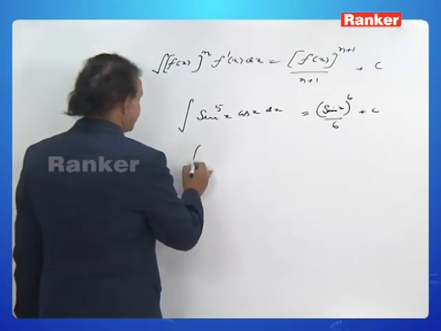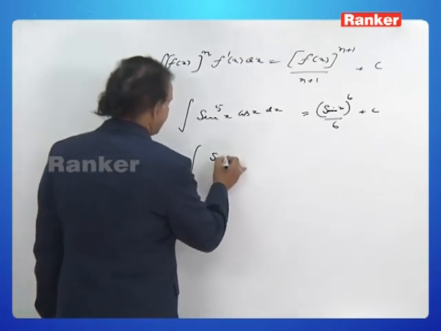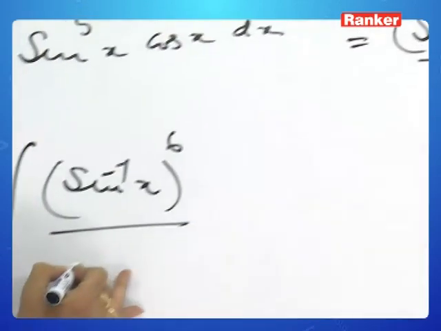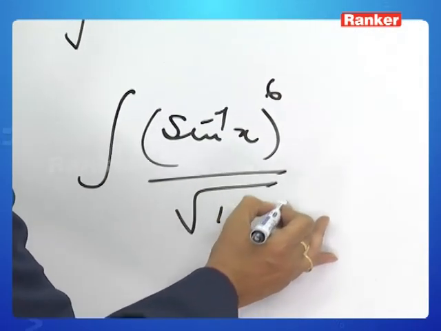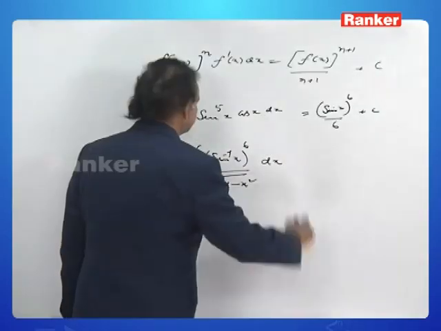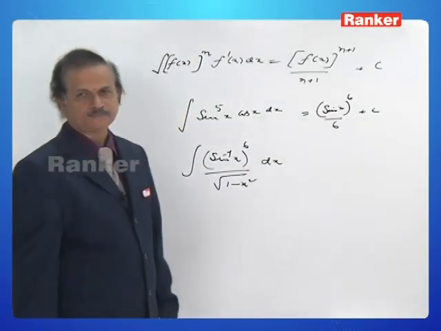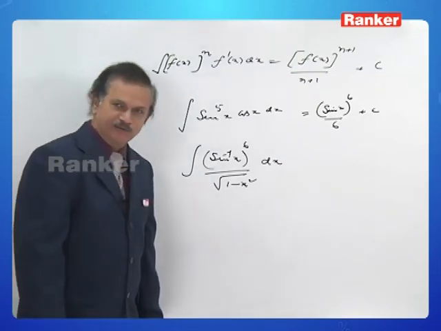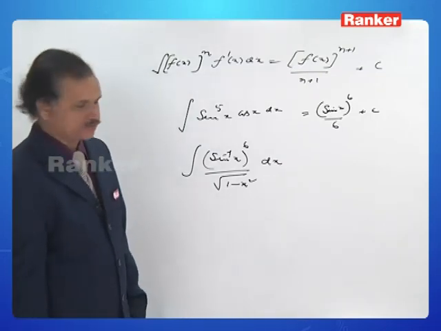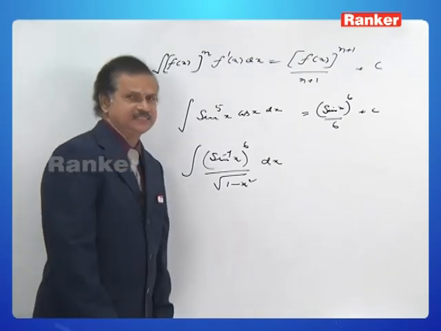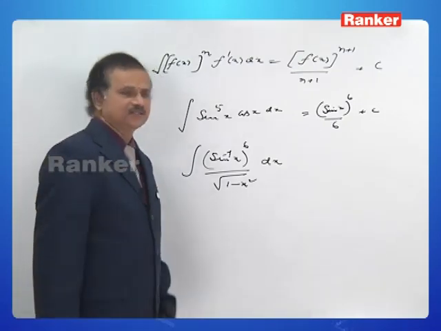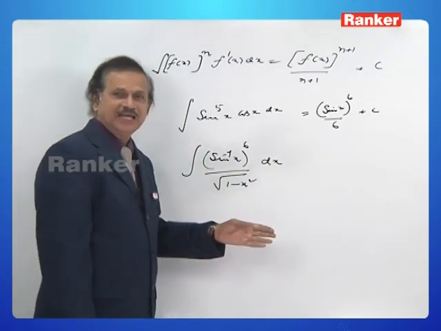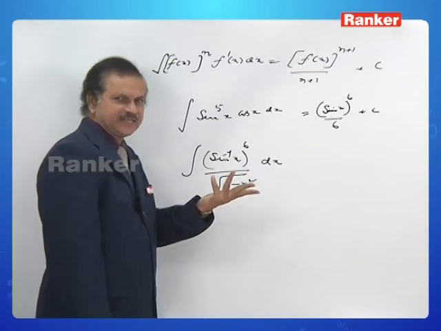Well done. Integral of [sin inverse x]^6 by root of 1 minus x square dx. Come on. What is f(x) and what is f'(x) here? That's all you may have to know. It is f(x) is sin inverse x and f'(x) is 1 by root 1 minus x square. It is just beside dx, isn't it?